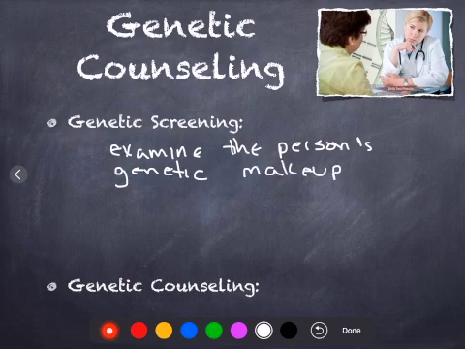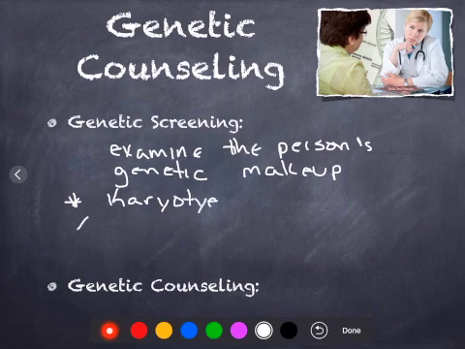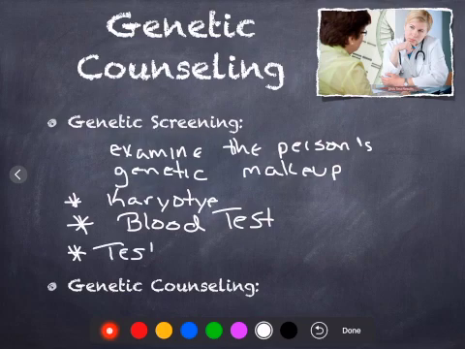So do you have a genetic disorder? Should you have kids? Things along those lines. Now, what they can do for a genetic screening is look at your karyotype, or they can perform a blood test to look for specific proteins. They can also test your DNA directly, and this is just to determine whether you have these traits or not.